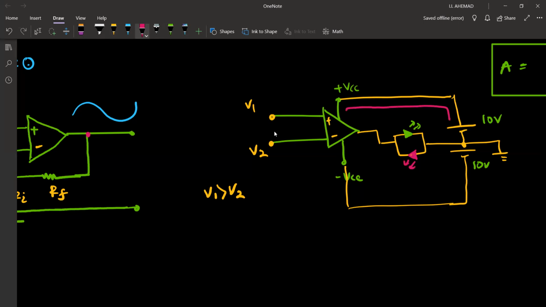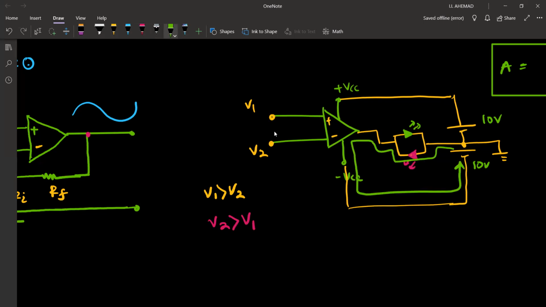The current will get into the operational amplifier through plus VCC and go through this diode back to the battery. If V2 is greater than V1, the opposite, now the operational amplifier will receive current like this. It will get out of minus VCC and get back to the battery.